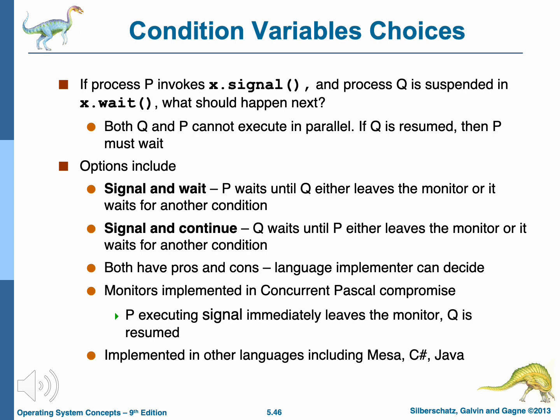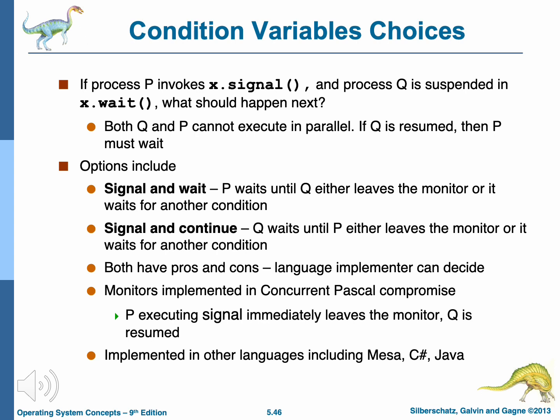Note, however, that conceptually both processes can continue with their execution. Two possibilities exist. 1. Signal and wait. P either waits until Q leaves the monitor or waits for another condition. 2. Signal and continue. Q either waits until P leaves the monitor or waits for another condition.